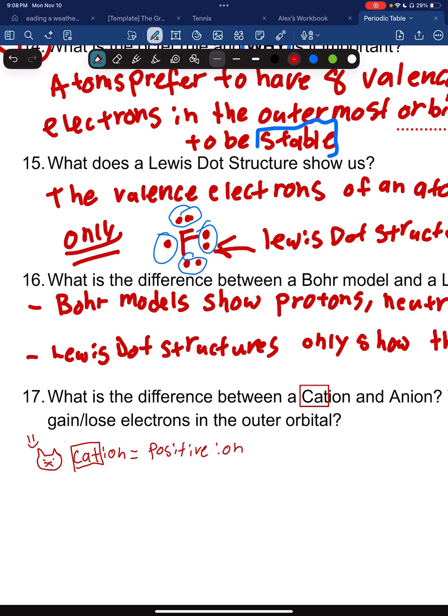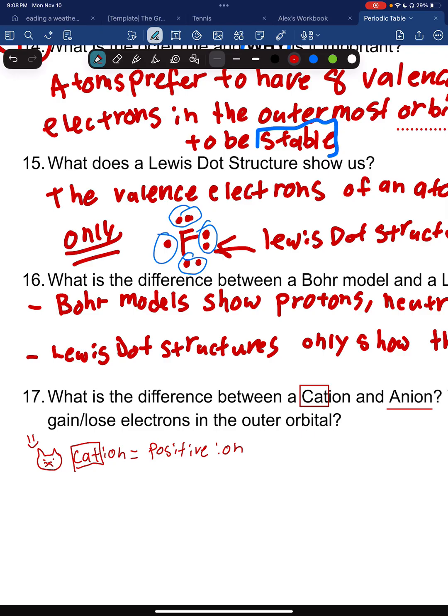Okay. Then we have something called an anion. All right. And one of you brilliant young scholars from Mr. Bloomfield's class, Mr. Bloomfield was actually very excited and told me all about it, about how you can remember what an anion is. Okay.